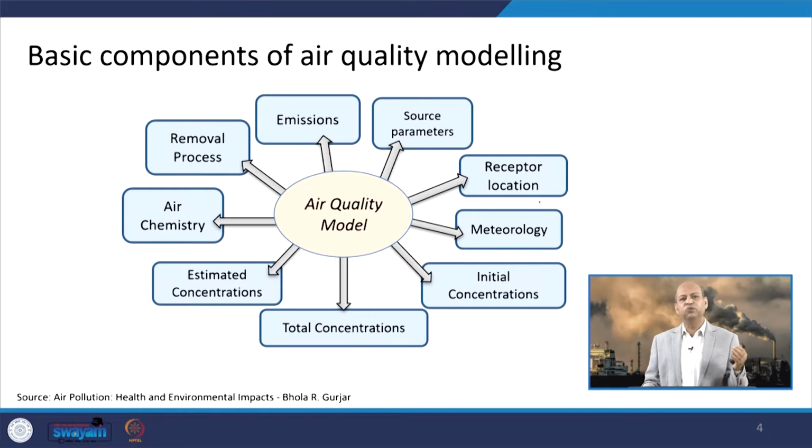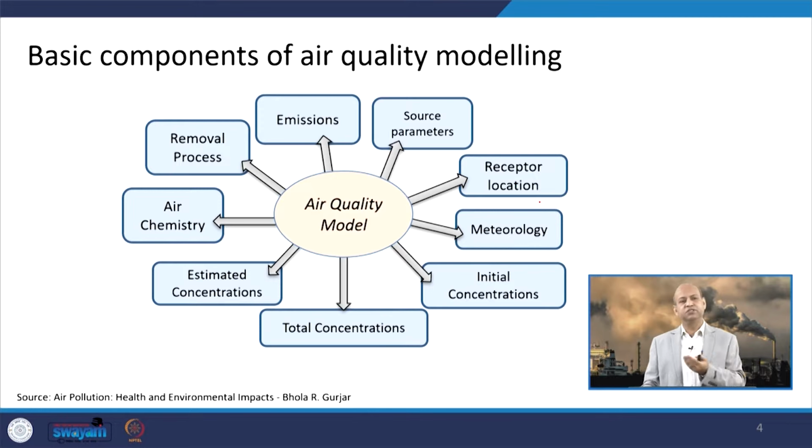You want to know whether the emissions from this industrial area will influence the air quality of that particular habitation, whether it is a city, town or village, and how much air quality will deteriorate or whether it will be insignificant. So, you need to know the concentration because of those emissions. The location of the receptor is important, because for that you have to calculate. So, the x direction, that is the downwind direction, how many kilometers away that receptor point is.